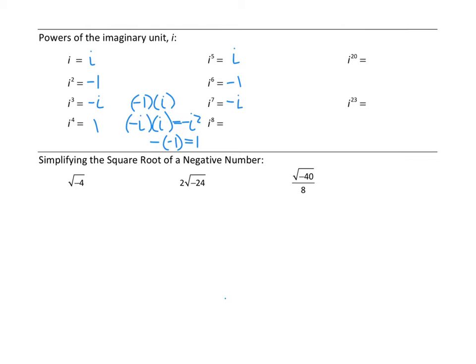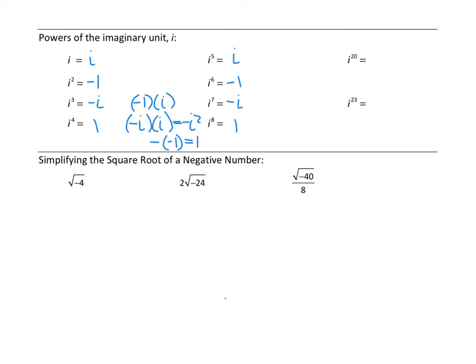And i to the eighth is the same as i to the fourth, which is +1. So when you raise i to any power, you'll either get i, -1, -i, or +1. And the way to tell which one it would be is by dividing that exponent by 4.